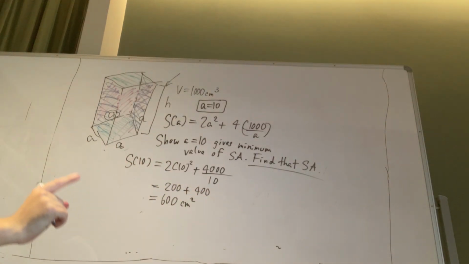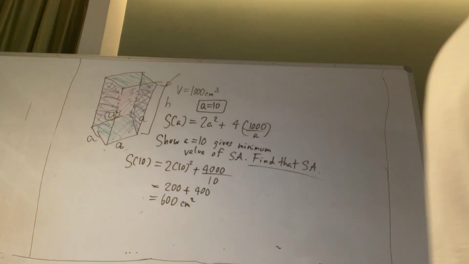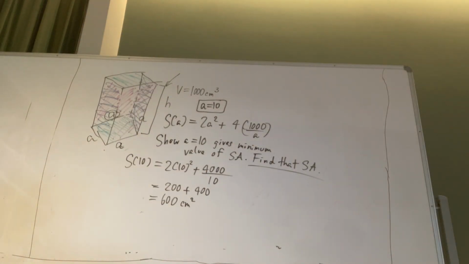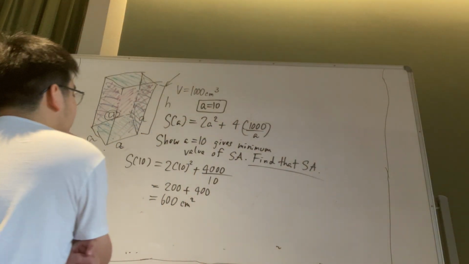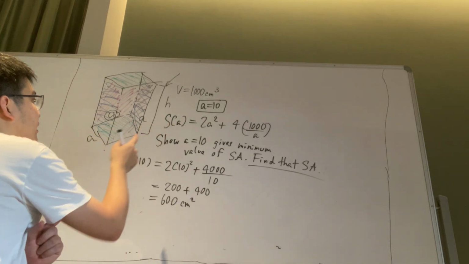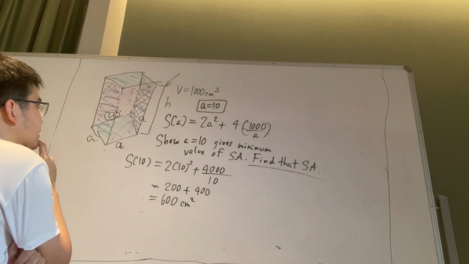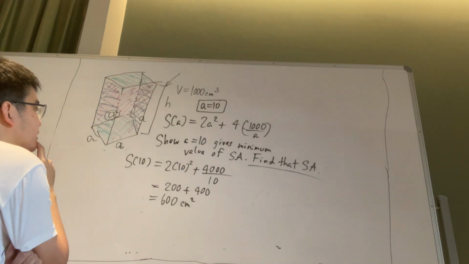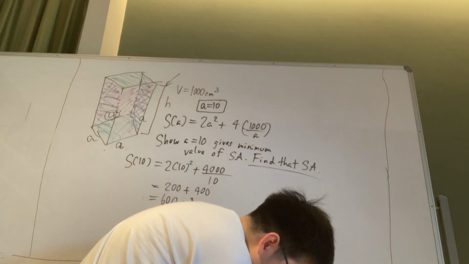Okay, but now we have to show that this is the minimum value. Okay, so then we found, actually, yeah, I should get the derivative function again. Actually, no, we didn't differentiate this yet. Right? We didn't.